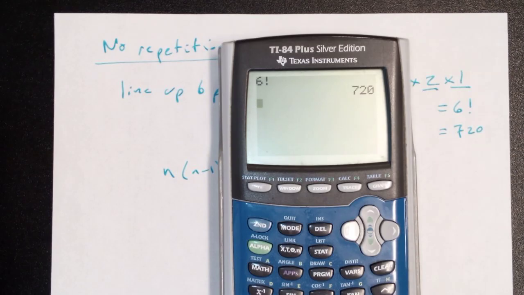Here's the problem. If I shuffle a deck of cards, I am taking all 52 cards and putting them in any order. We can think of that as lining up the cards, right? So I'm lining up the cards by shuffling a deck. How many different ways are there to shuffle a deck?